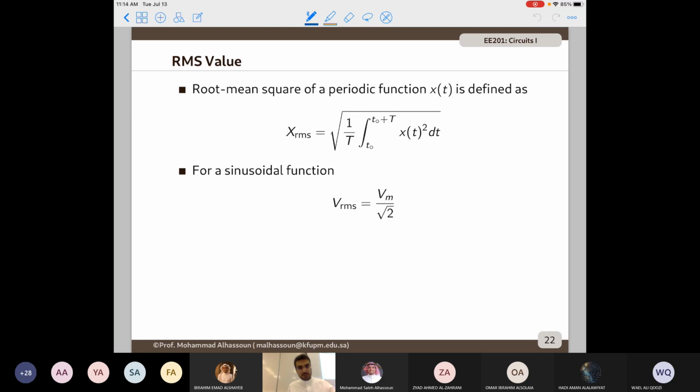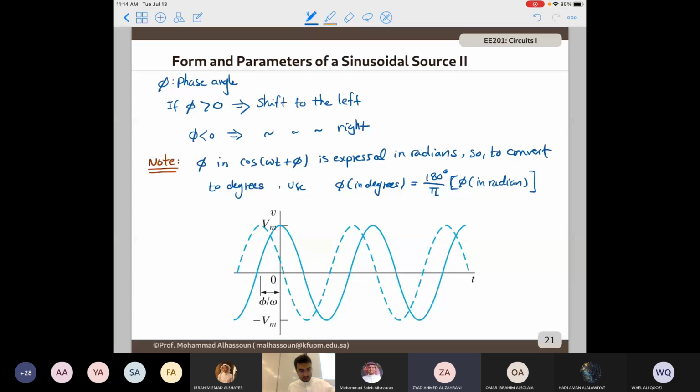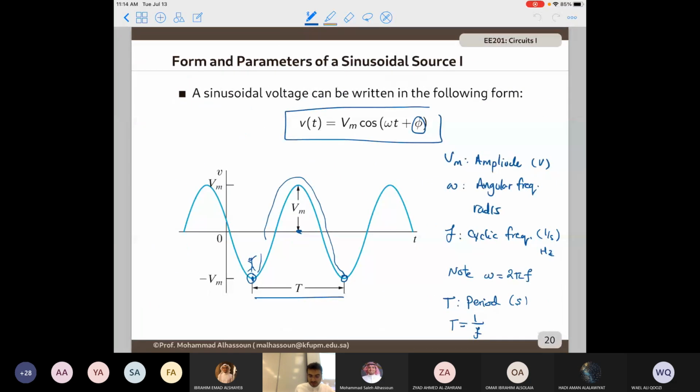Ziad? The period is always 2 pi for the cosine? No, it depends on the argument. If you have cosine of t, then the period is going to be 2 pi.